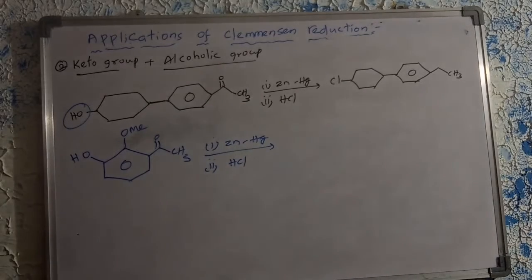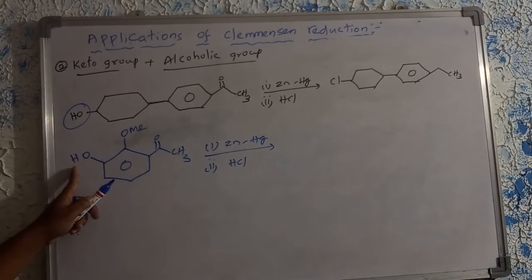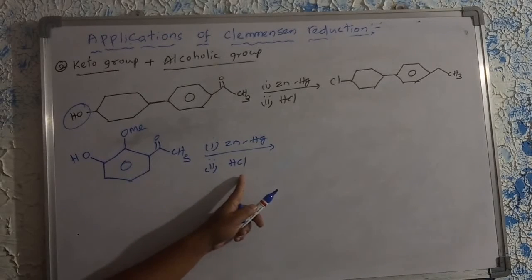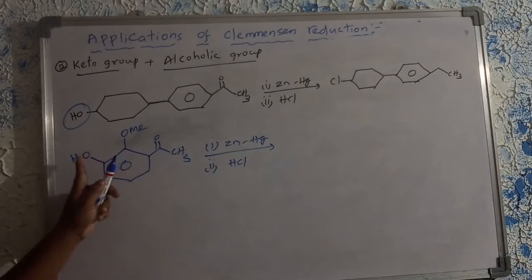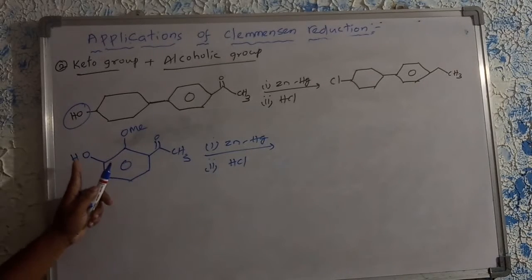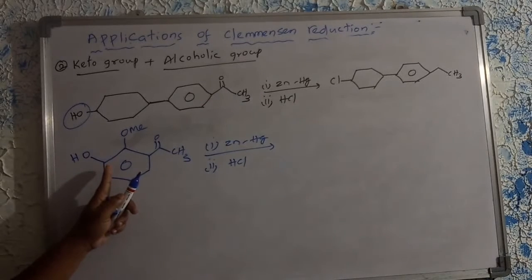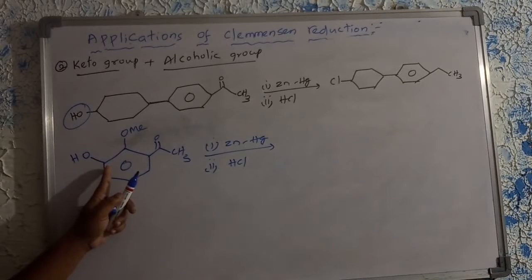In this case, the OH group cannot be substituted by Cl because nucleophilic substitution is not possible on the sp2 carbon of the benzene ring.